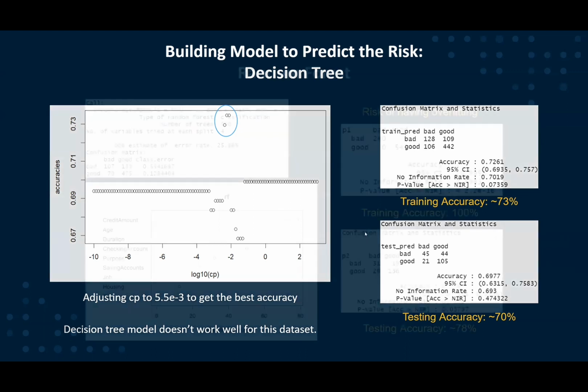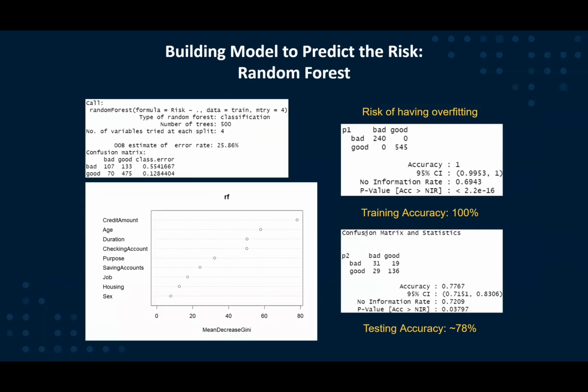We further switched to random forest, which might be a more effective tree-based model for this data set. And from the results of the random forest model, we can see credit amount, checking accounts, and saving accounts are still very important variables that determine customers' risk rating.